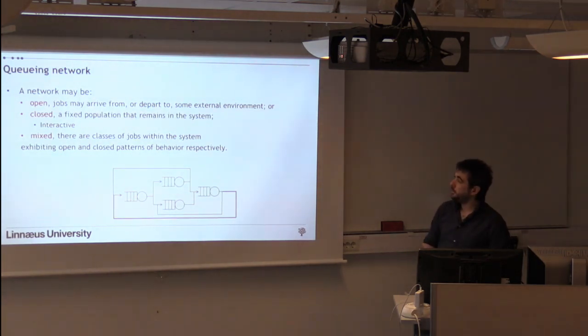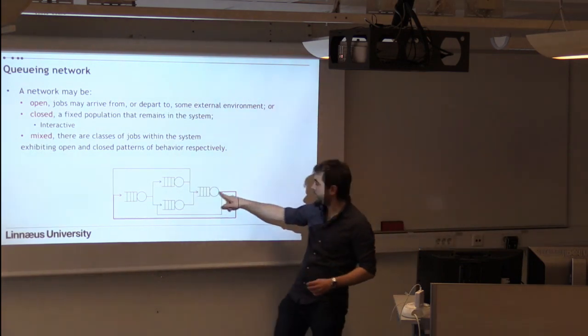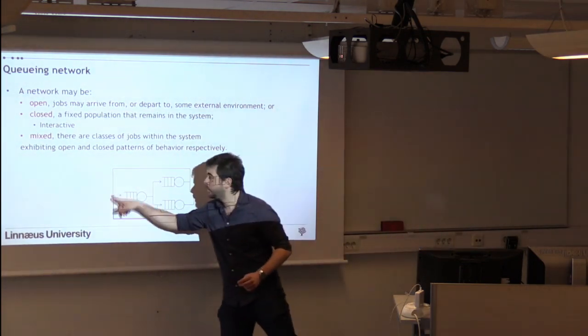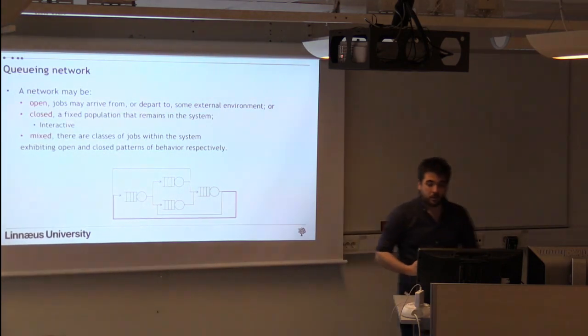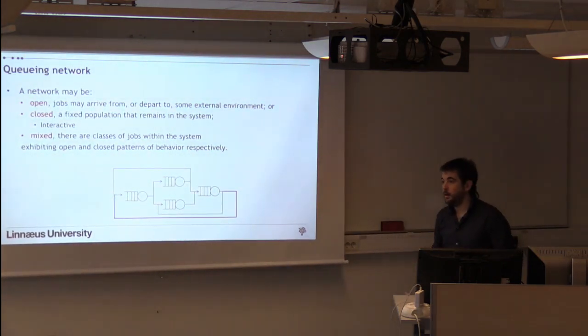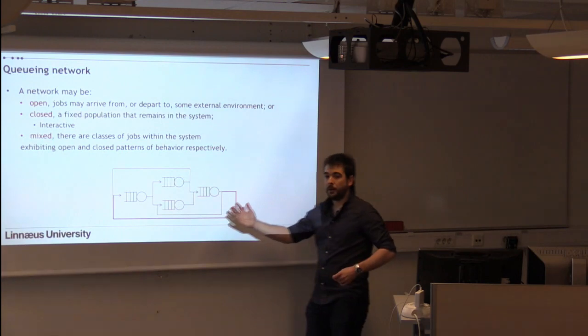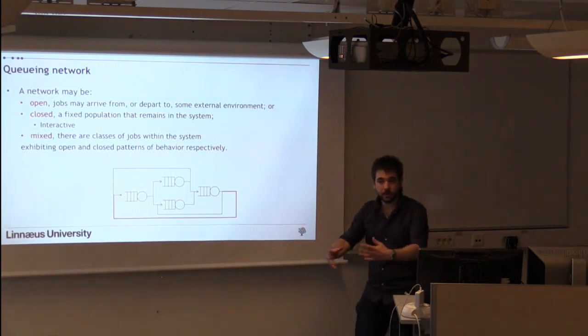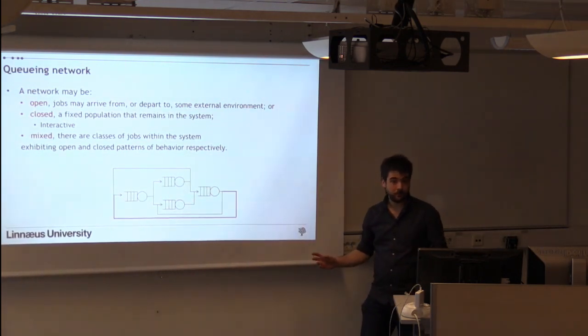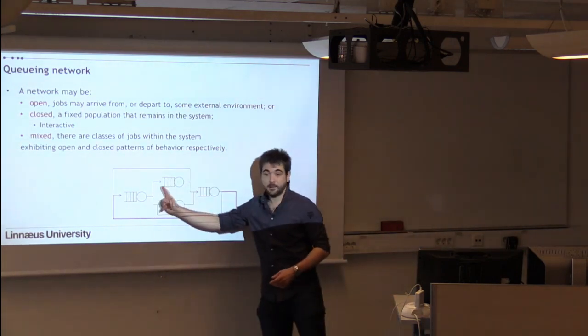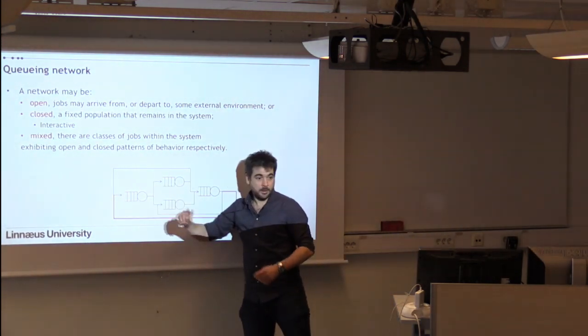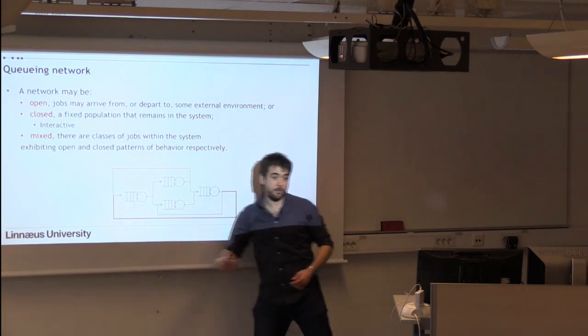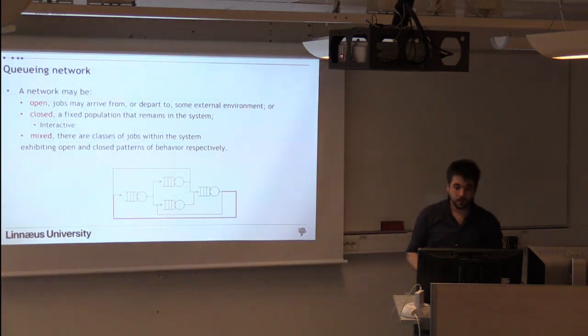In a closed one, we have a fixed population that remains in the system. In this case, when they finish the last operation, they come back. Fixed may be, this is the computer system of our organization, and we have 200 employees. So they use the system, but then when they have some answer, they come back to use the system.